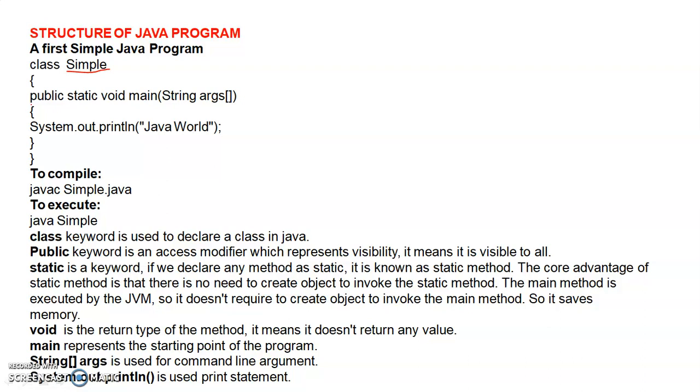The main method should be a constant line: public static void main, String arguments. So public static void main, String arguments is the main method declared in the class Simple. After opening the main method, we are going to print some statements, Java world, System.out.println, Java world. This is the string statement. You give the string statements within double quotes, right? After that, the closing parenthesis.